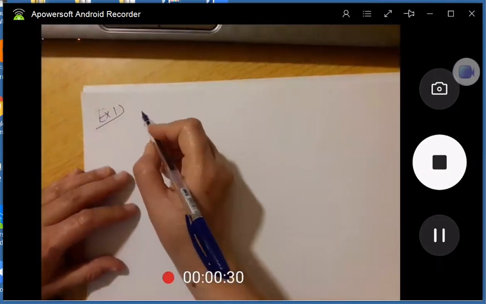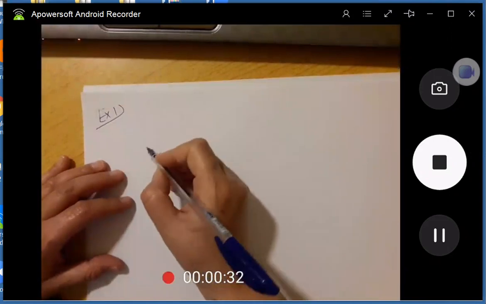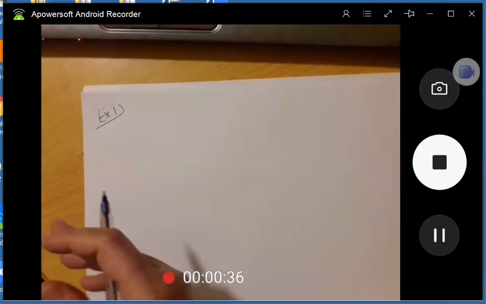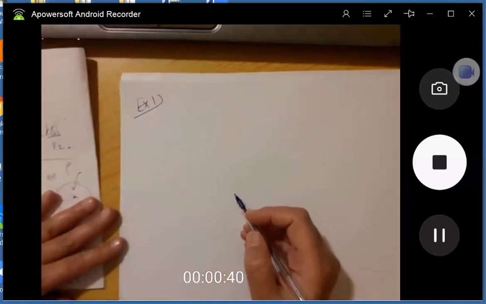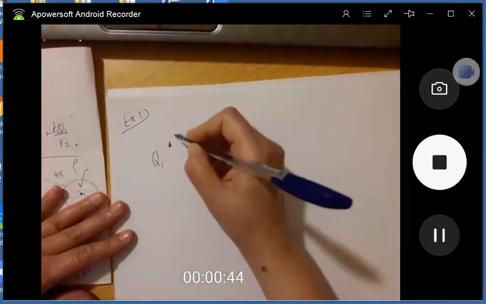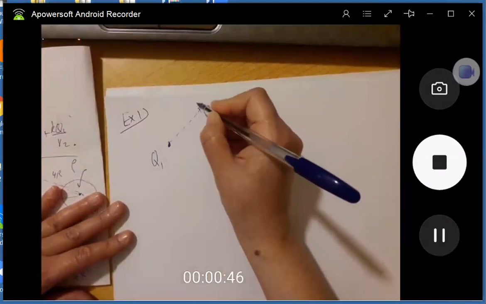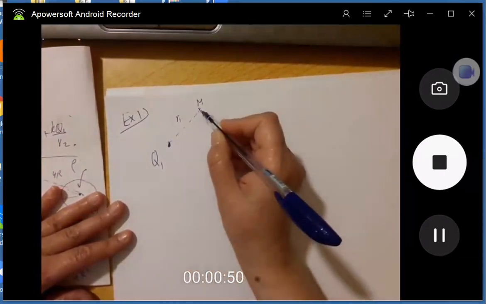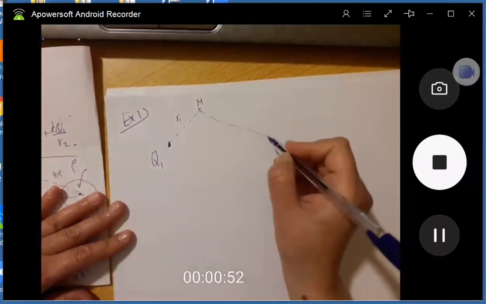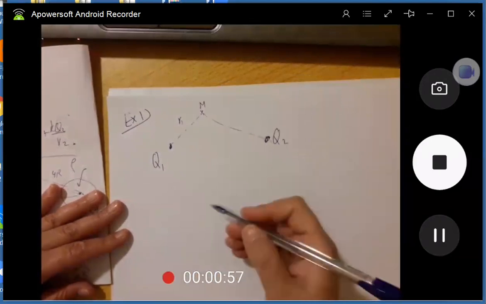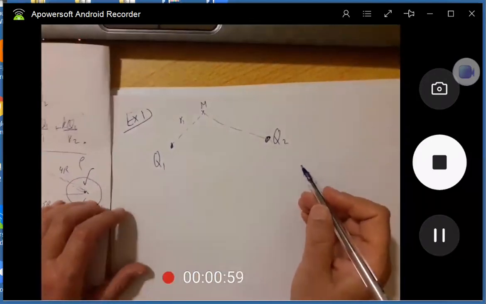Now, ladies and gentlemen, let's say the first example is: I have a point charge Q1 here, and at a distance R1 from it there is a point M. At another distance from M there is another point charge Q2, whichever, one negative and one positive, it doesn't matter, okay?